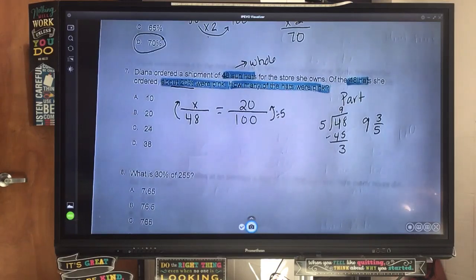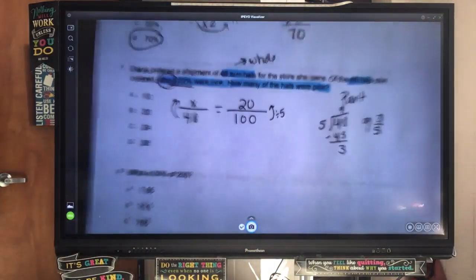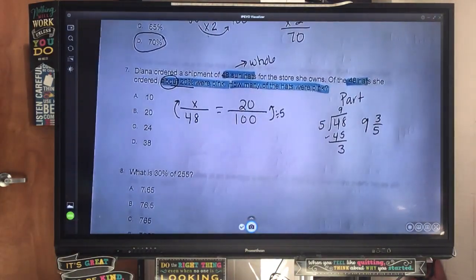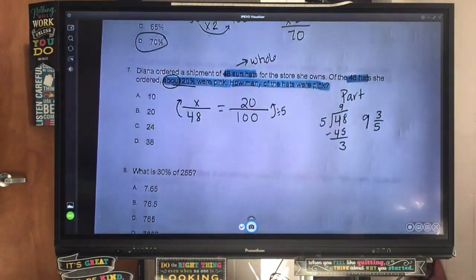Delilah, what in there is a key thing to not make me go crazy on this problem? Yes, the word about. So Delilah, am I rounding up or am I rounding down? 9 3/5 is closest to what number up there? 10.